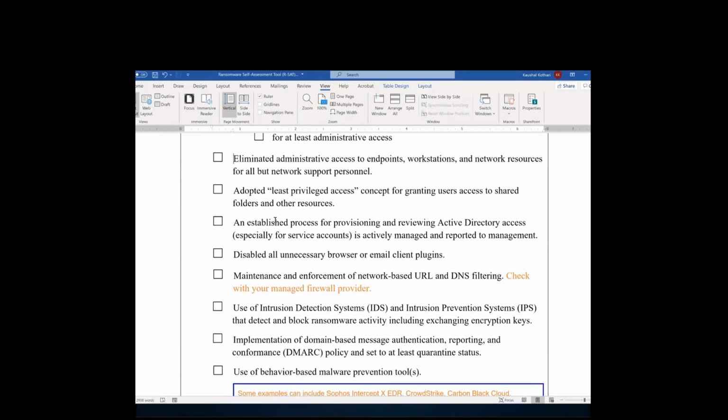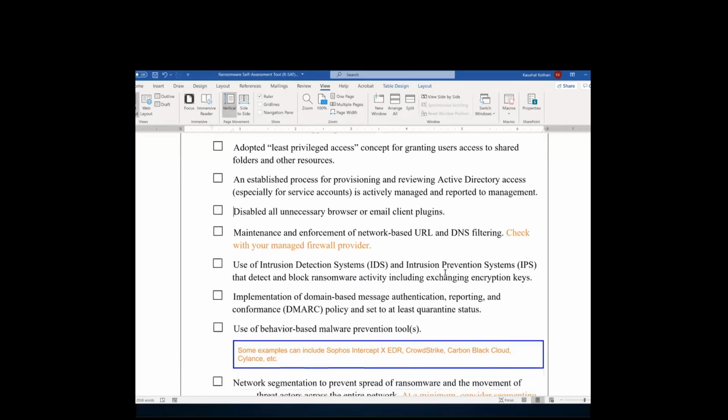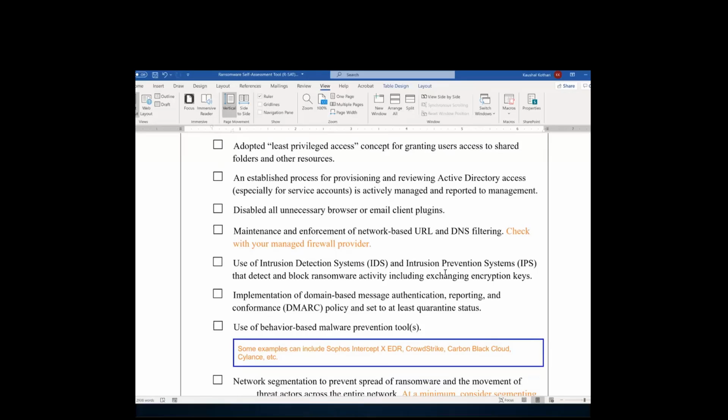And then establish a process for provisioning and reviewing Active Directory access, especially for service accounts. Your SIEM tool or Windows log event monitoring tool should capture this information. Disable all unnecessary browser or email client plugins.